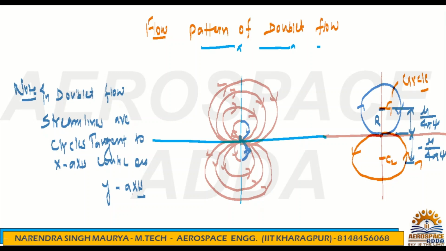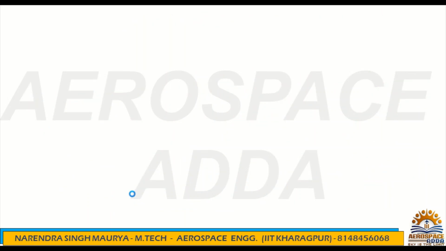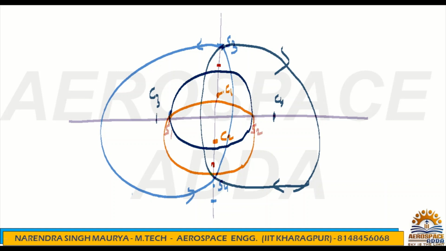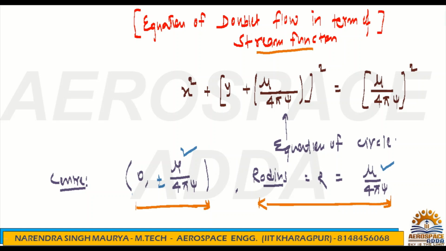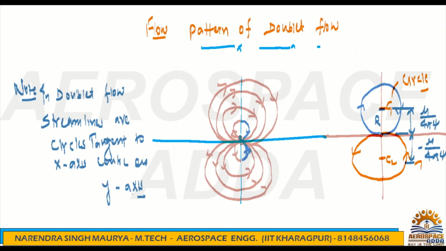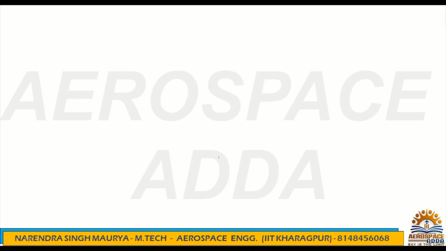So just like here you have seen, on x-axis and y-axis both cases you have seen the circle, 4 circles. Similarly for the doublet, source and sink you kept obviously on the same point, but other streamlines also you can show. So how will the circles appear? So this is the origin. Your circles will appear something like this.